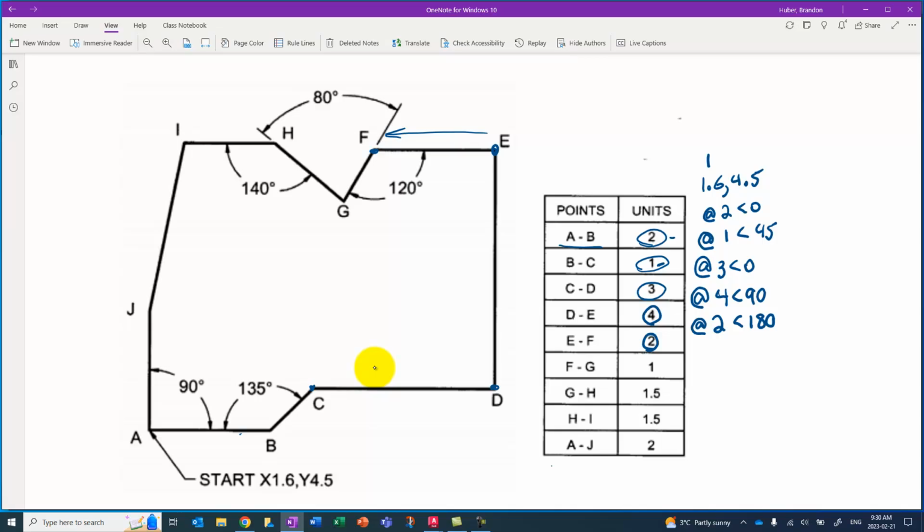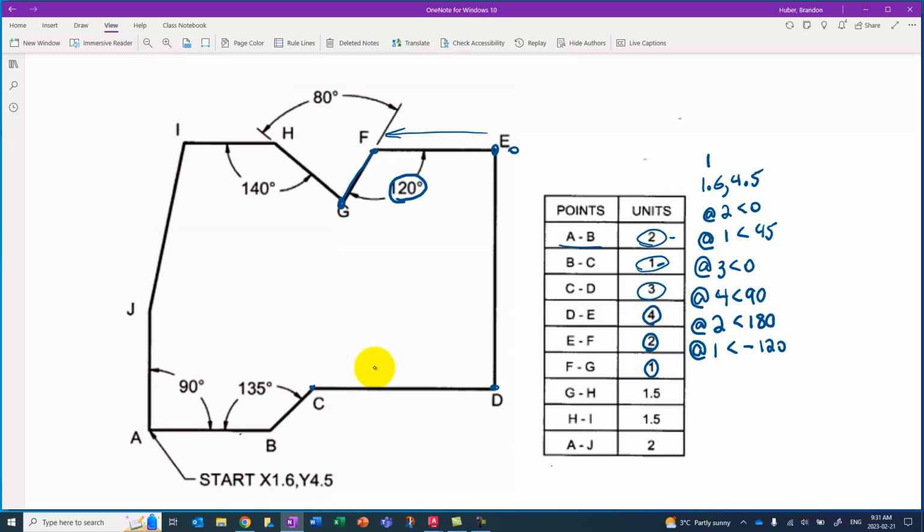Okay, now for a slightly tricky one. Moving down to G here, we're given an angle of 120, and it's measured from 0, which is great, but because of the direction it's facing, it's going to have to be negative. So our distance is 1, and the angle is going to be negative 120.